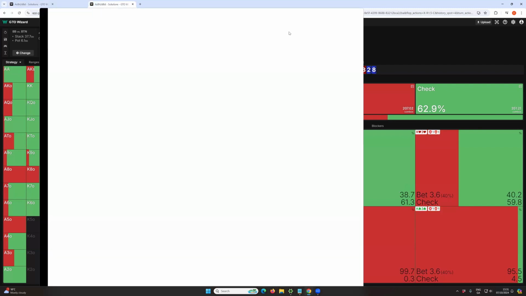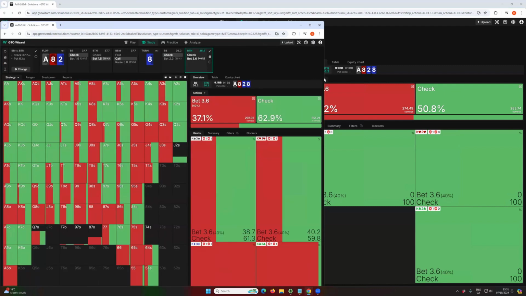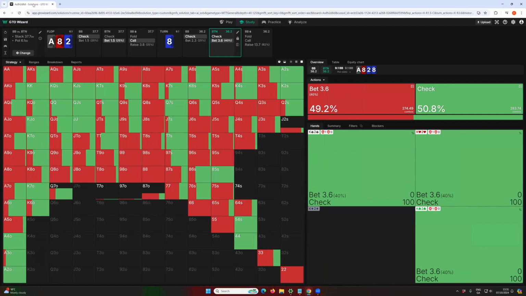So let's push GTO here on the left and Lawrence on the right.